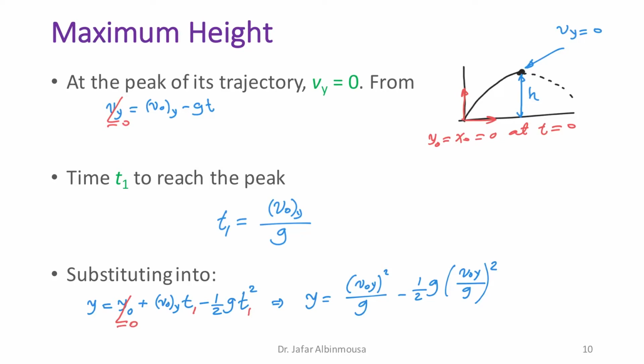And if I take the common factor, I end up with h, which equals y max, which is equal to v0y squared over g, multiplied by one half. And this is the expression of the maximum height achieved by a projectile.